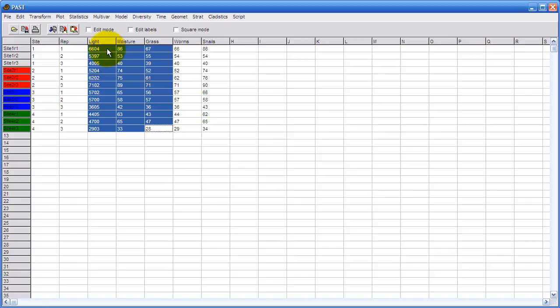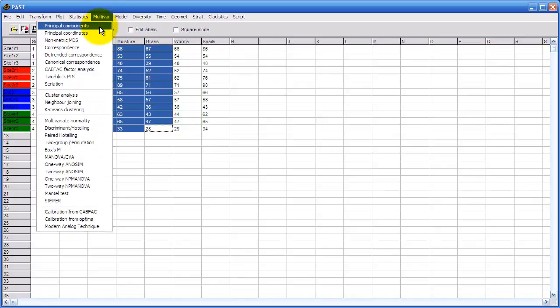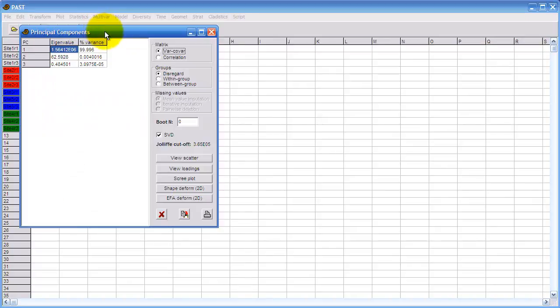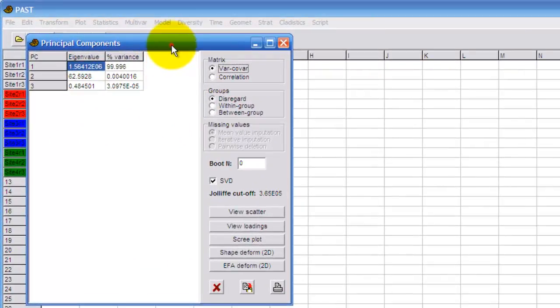Well, for environmental variables, as I talk about in other videos, we will traditionally look at principal components analysis. So here, principal components. This is going to use Euclidean distance.